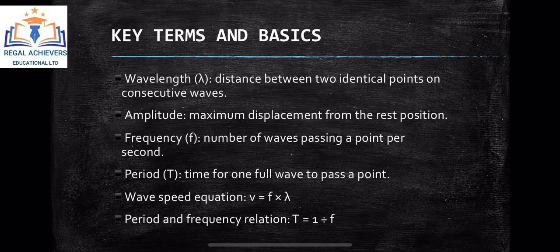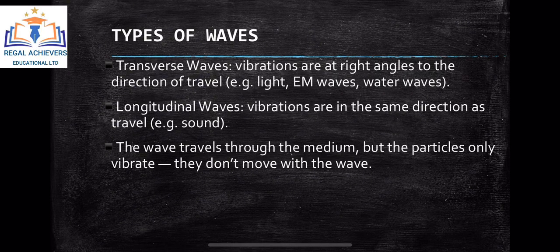Period is the time for one full wave to pass a point. Then the wave speed equation is v equals frequency multiplied by wavelength. The period and frequency relation is such that T equals 1 divided by frequency, or f equals 1 divided by time.